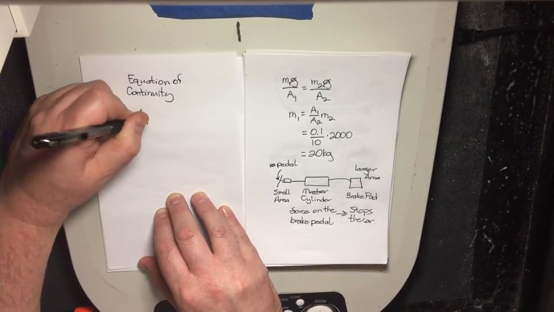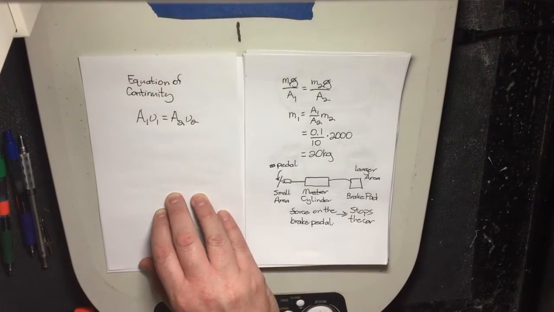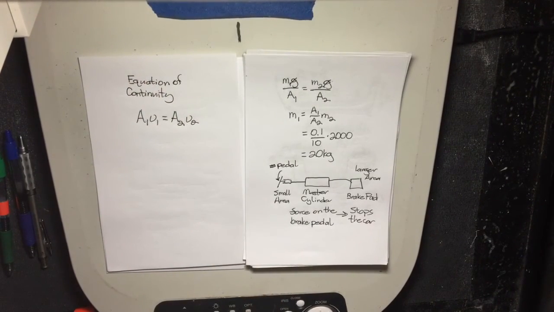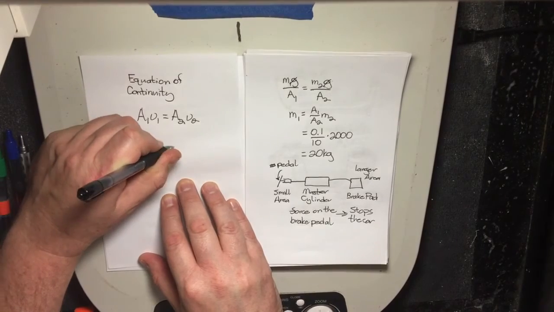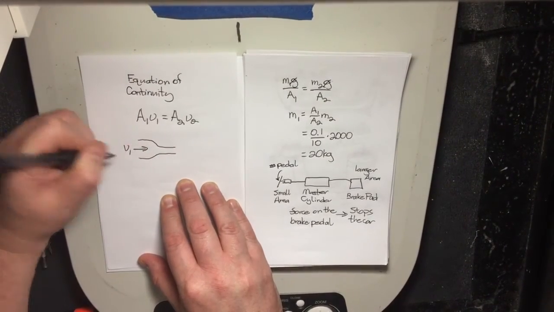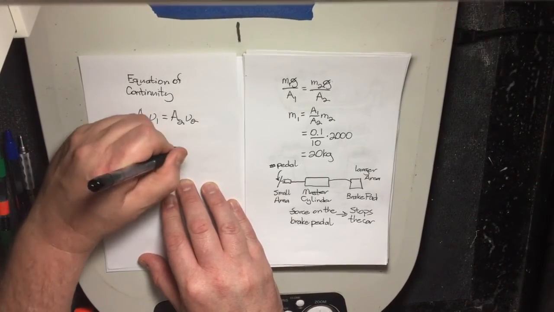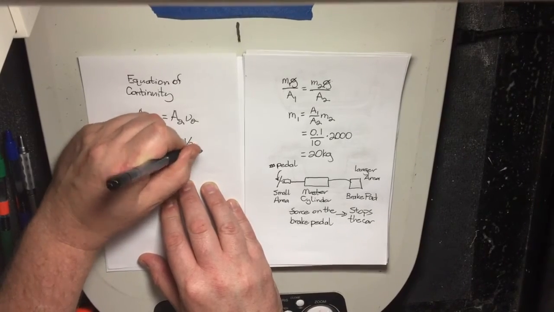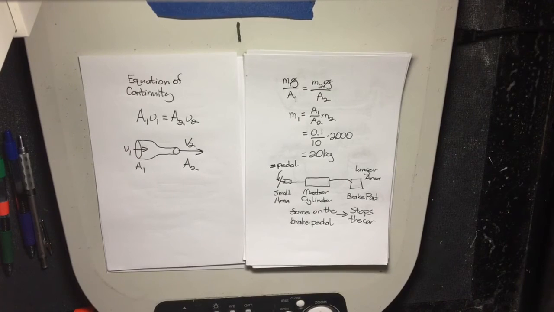Equation of continuity is this: that the area times the velocity at one point must be the area times velocity for the other. If we had a pipe that had a particular velocity and a particular area, it will give the same product as the velocity times the area on the other end.